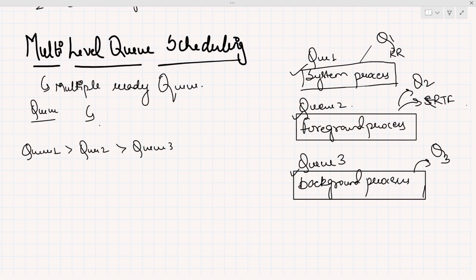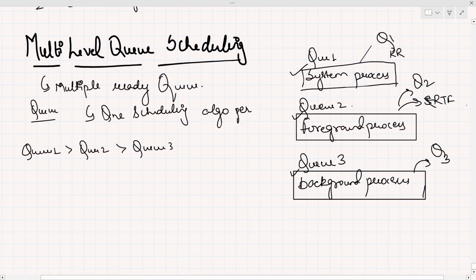One more thing that you need to remember is that only one scheduling algorithm is performed on one queue: one scheduling algorithm per queue.